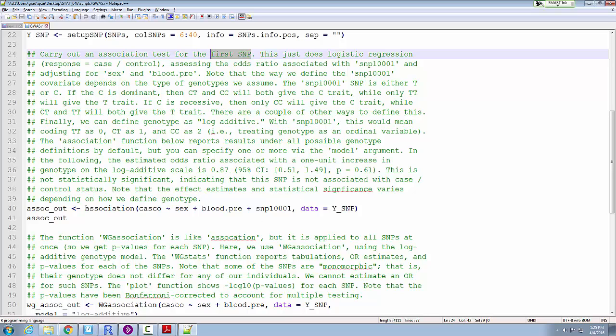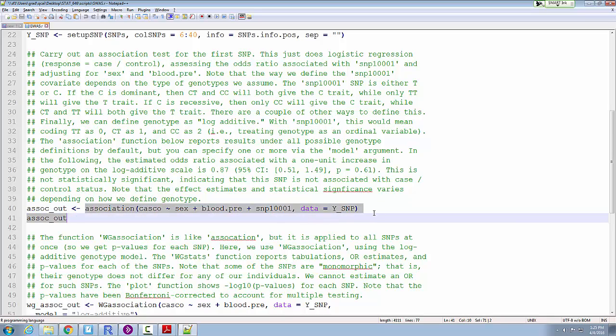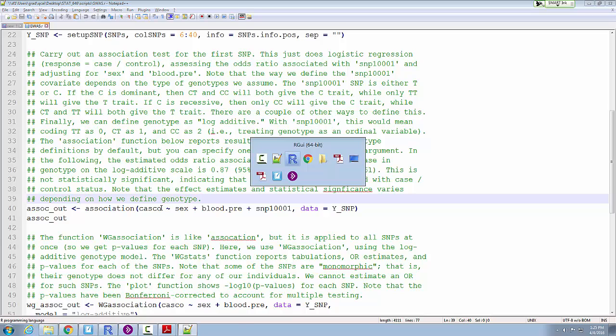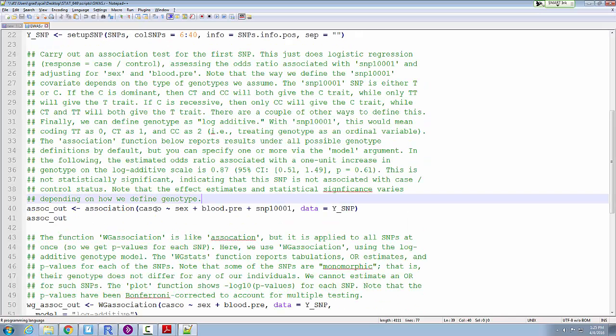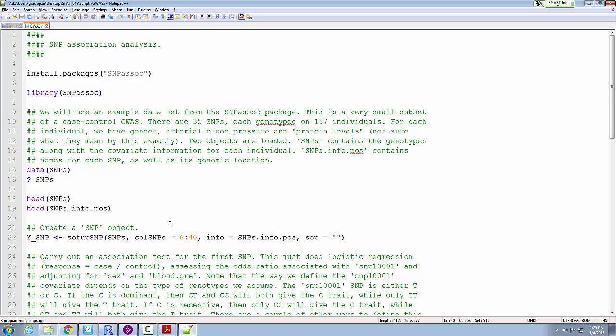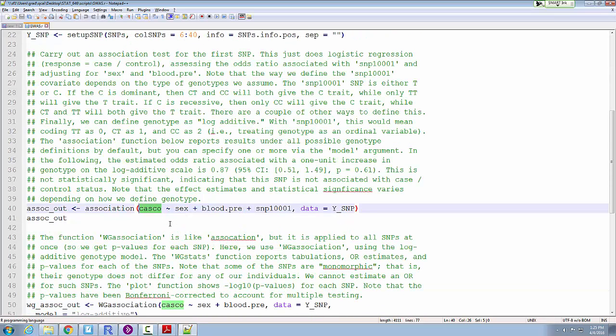The use of the function association looks a lot like any other regression-based call in R. We say association, response tilde covariates. For our data, once this gets loaded in, we can see it. There's a variable called caseCo, and that's the case control status. So these individuals are either cases or controls, it's either disease or not disease, say.